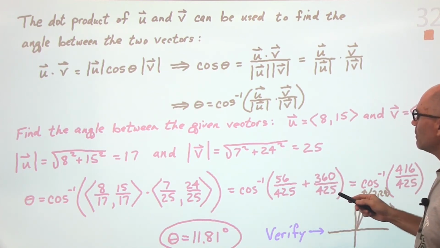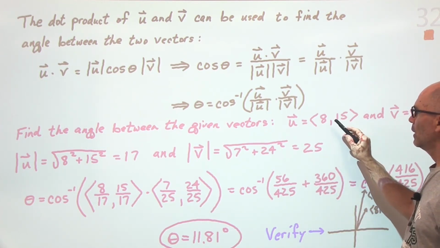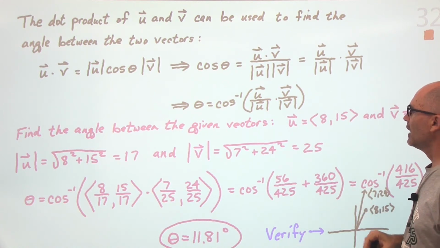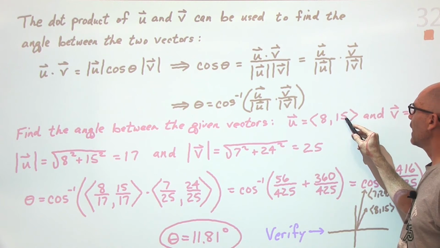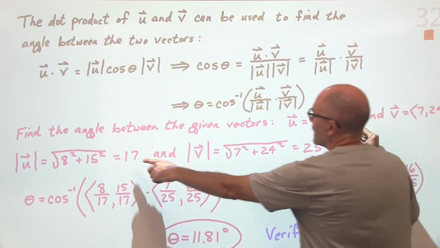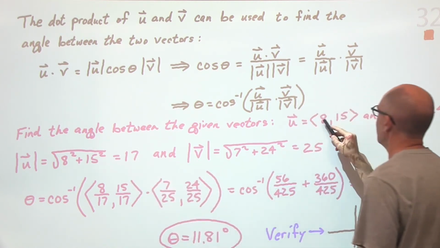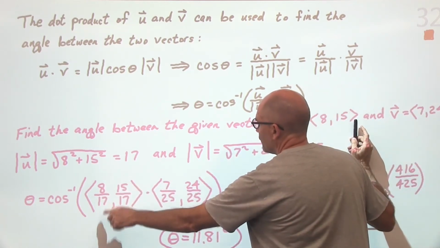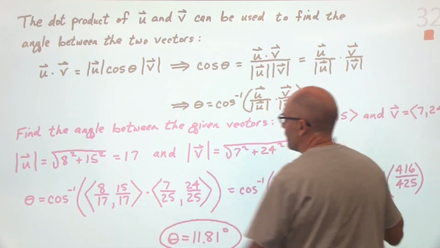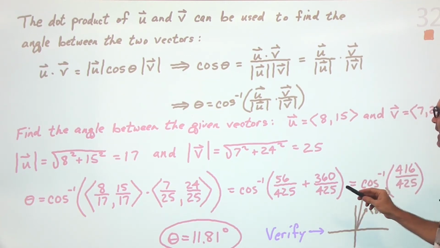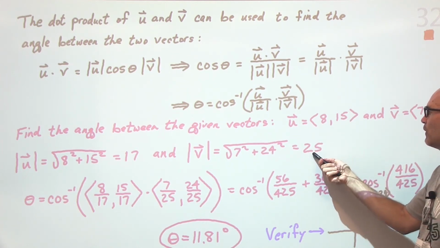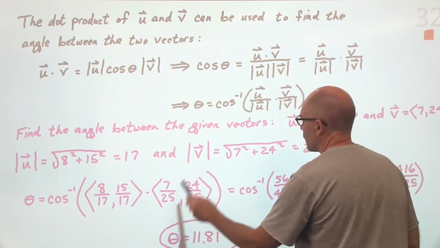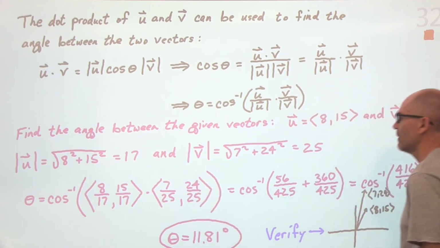So vector U is 8, 15. If I divide vector U by the magnitude of U, then instead of 8, 15, it's going to be 8 17ths, 15 17ths. Now, vector V is 7, 24. I'm going to divide vector V by the magnitude of V, so it's 7 over 25, 24 over 25.